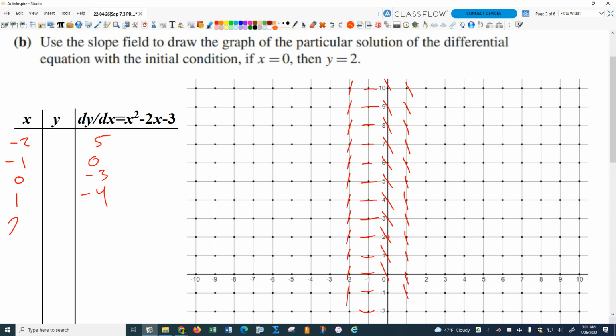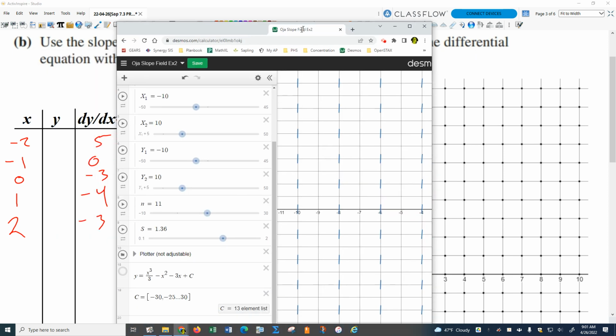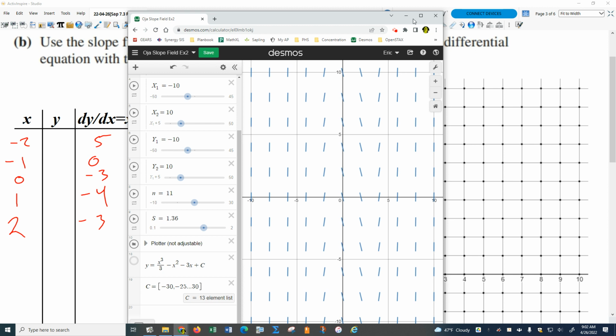And then at 2, what am I getting? 4 minus 4 minus 3, so minus 3. So it looks like it's getting a little bit more gentle again. And I could do that everywhere and create a slope field, right? Again, I got this pre-built, so let's just look at an example of what this one looks like, and there it is.